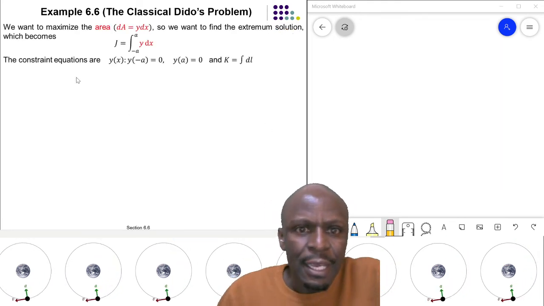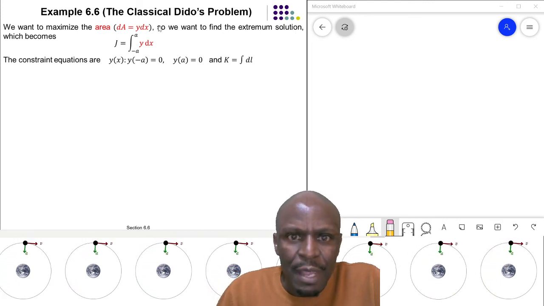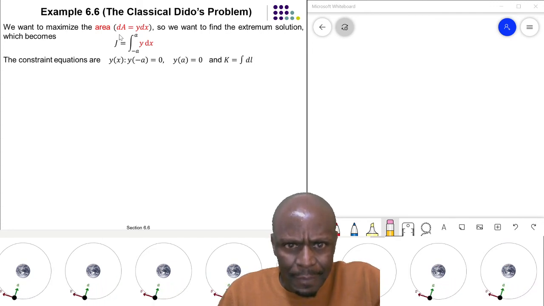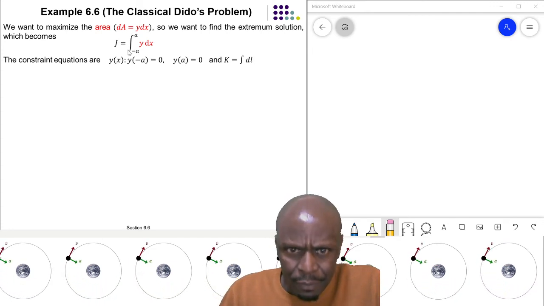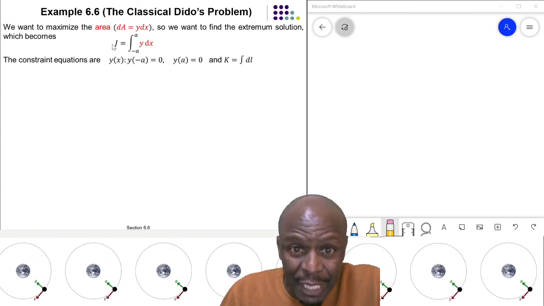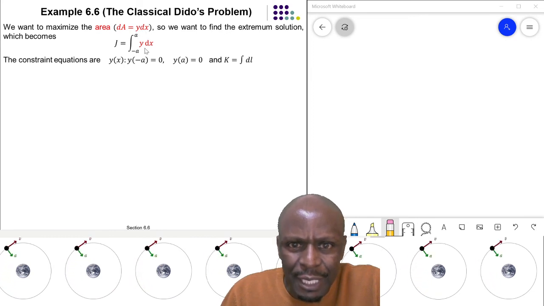In order for us to find the extremum solution, or the extremum area, we have to take the functional for the area, which is this one.